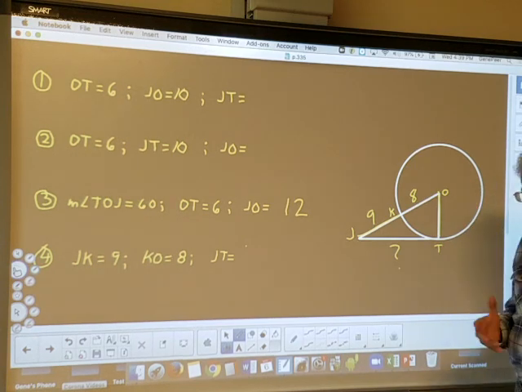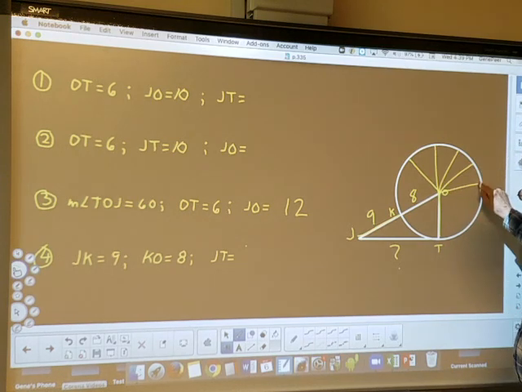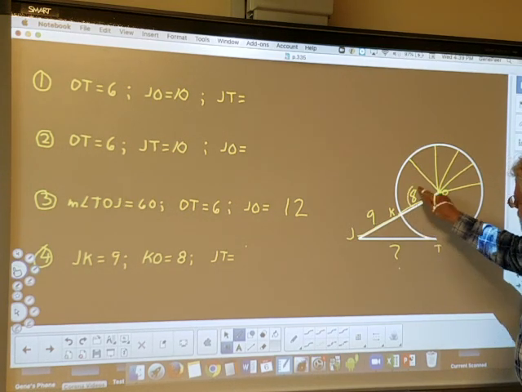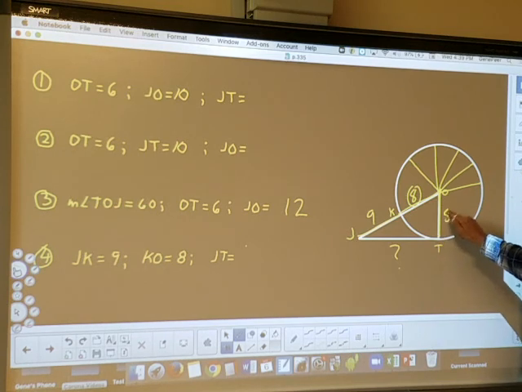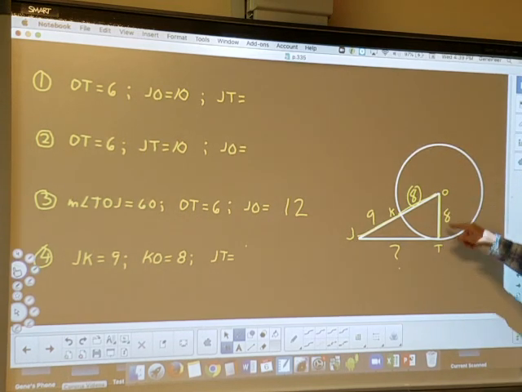Because in a given circle, aren't all radii the same? So if this radius is 8, then this radius is 8. See, they did give you OT. By giving you OK, they were giving you OT because all radii of a circle are clearly congruent.